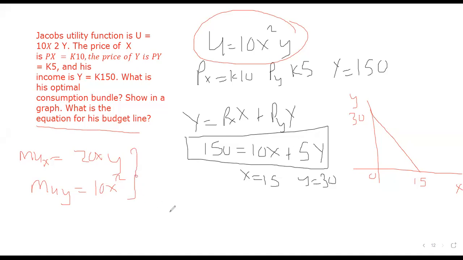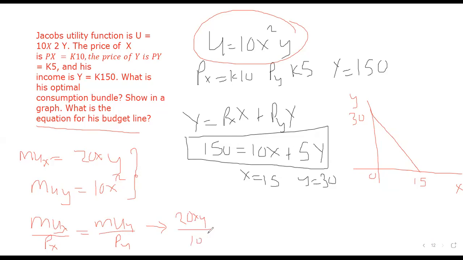So now we go to the optimal bundle. How do we optimize? MUx over price of x is equal to MUy over price of y. What is our MUx? MUx is 20xy over the price of x, which is 10.